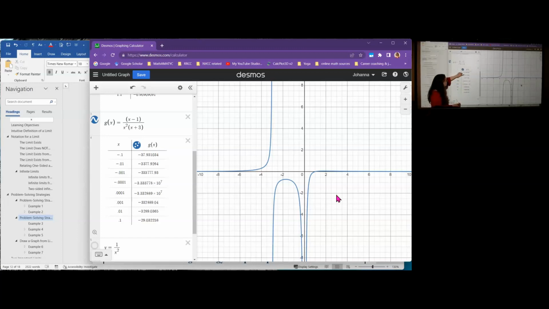In other words, from both sides, it looks like the graph is going towards -infinity. And when you look at the graph over here, as x approaches 0 from the right and from the left, you can see that indeed they are going towards -infinity.